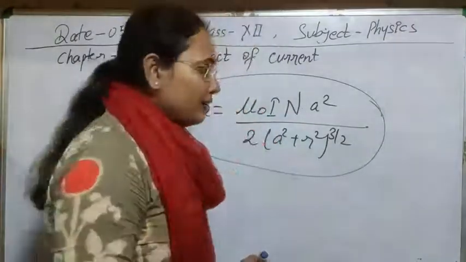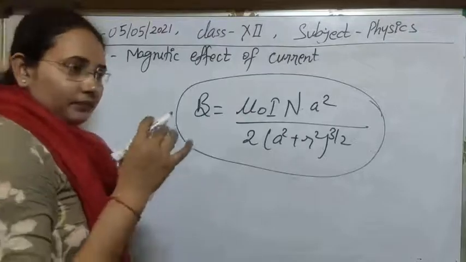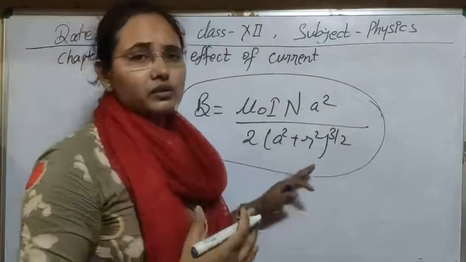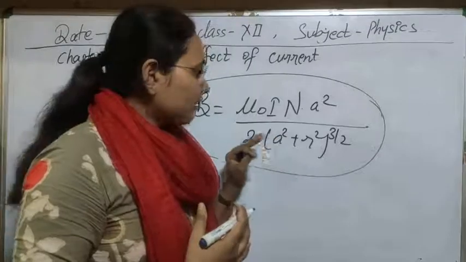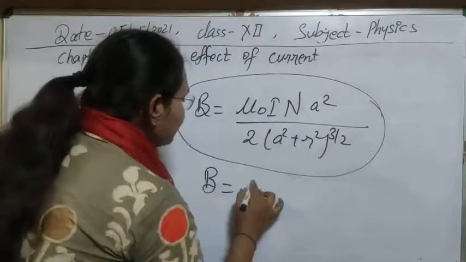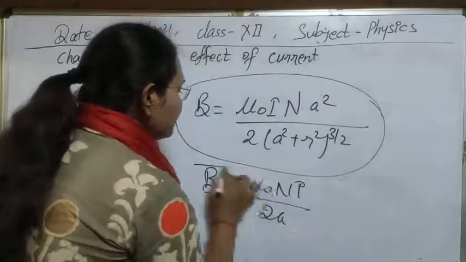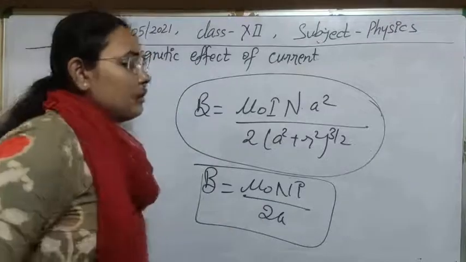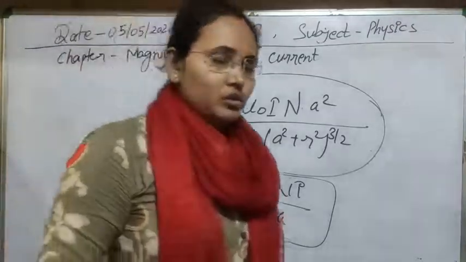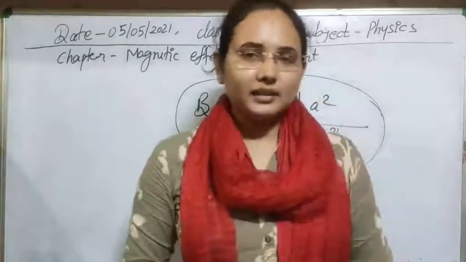For example, at the center, if we have n concentric loops and we want to calculate the magnetic field at the center, it can be written as mu naught n I upon 2a. So this is the magnetic field at the center due to n loops. In this way we can find the magnetic field even due to a large number of loops.